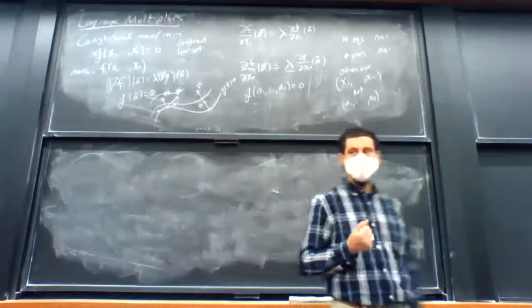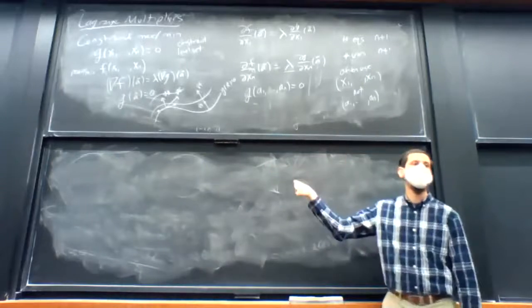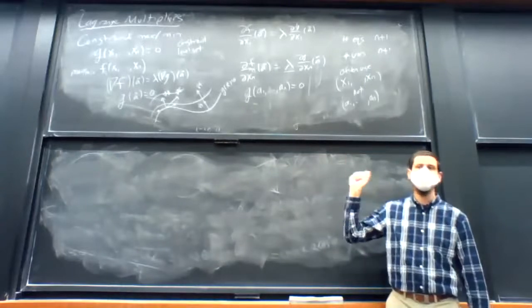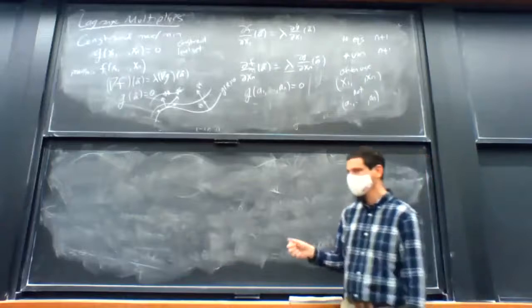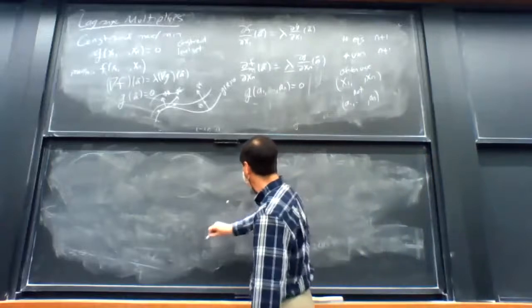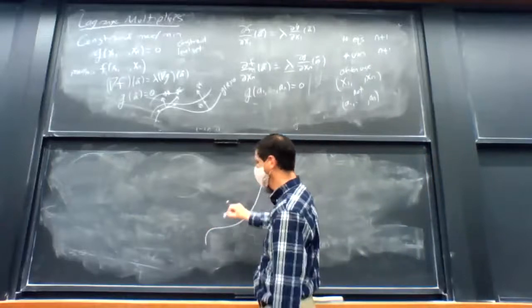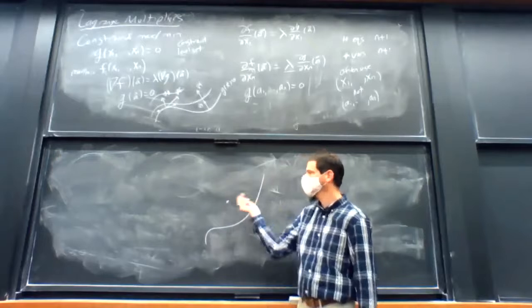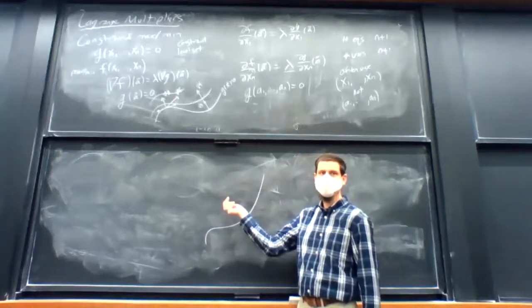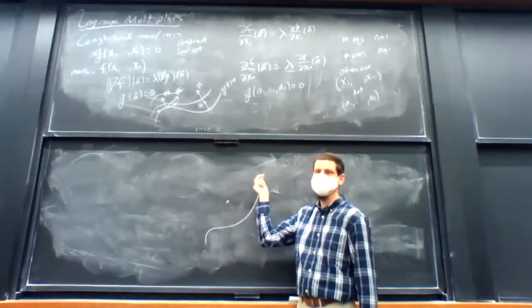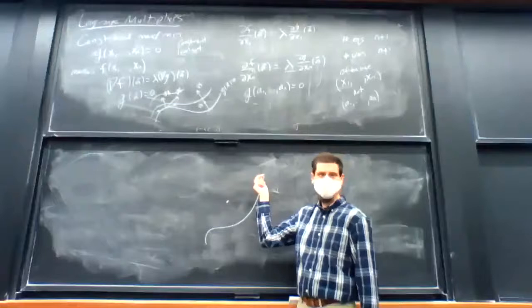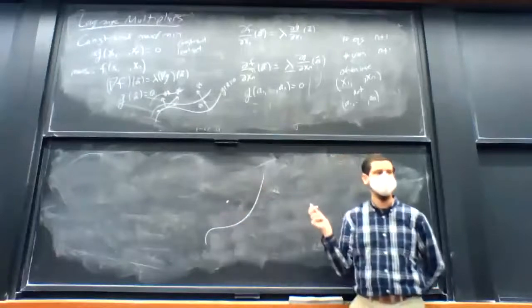Sometimes, as I was mentioning, for some problems you can tell, I know I'm going to have a maximum, or I know I'm going to have a minimum. If I have a fixed point and some curve going off to infinity, and I want to find what point on the curve is closest to this point, it's not going to give me the maximum distance, because the maximum distance is going to go off to infinity.